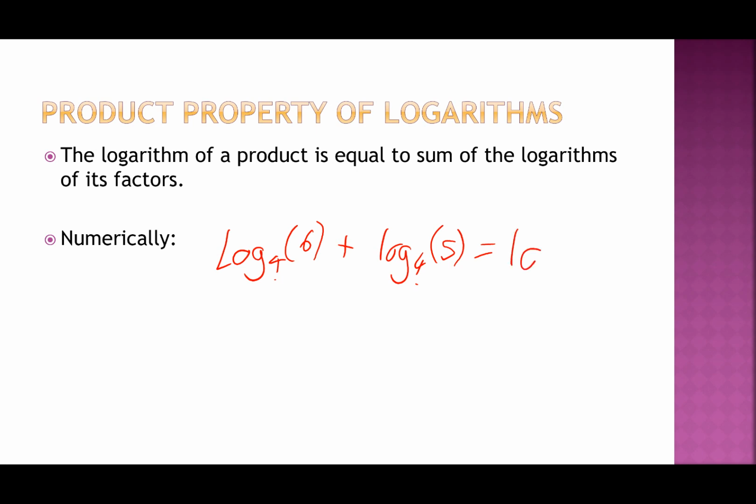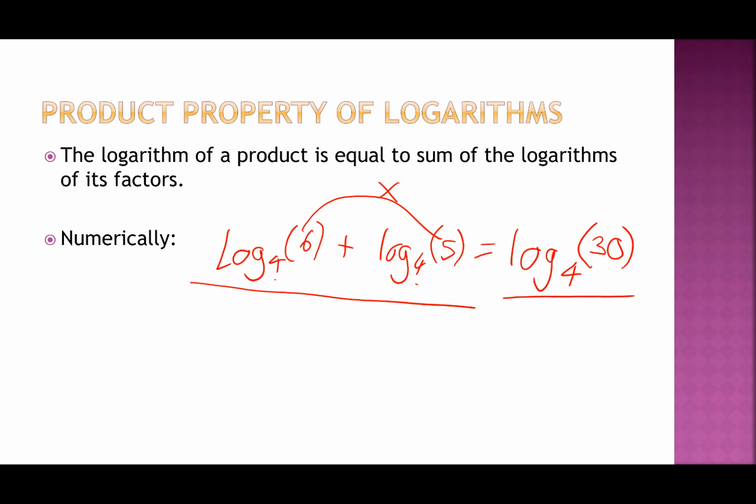To combine this into one logarithm with a base 4, of course, I'm not going to add 6 and 5. I'm actually going to multiply 6 and 5, 6 times 5 to make 30. So these two logarithms can add together, or combine, really, to make this logarithm. So you're adding logarithms, but really you're going to multiply these values within them. So it's kind of weird.